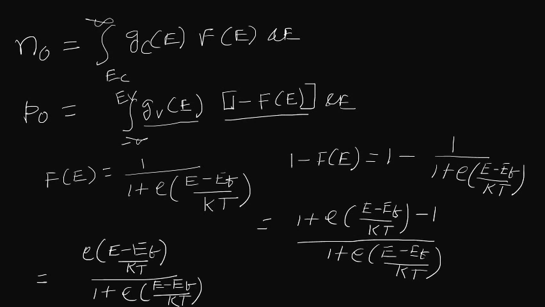Now dividing both the numerator and denominator by the same factor, e to the power (E minus EF) by kT, we can obtain 1 divided by 1 plus exponential of e to the power (EF minus E) divided by kT.